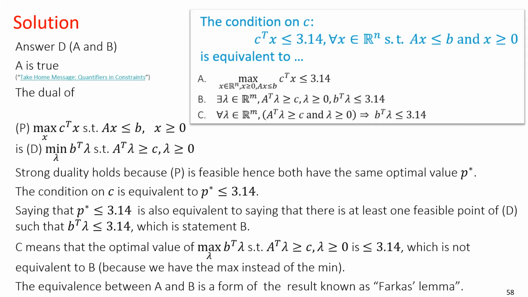So what we have seen with that is that the framework of Boyd and Vandenberghe explained everything. This theorem that we saw here is known as Farkas lemma. This is the equivalence between a statement of this form and a statement of the form B here, and is used, for example, by linear programming solvers to solve in practice linear programs.